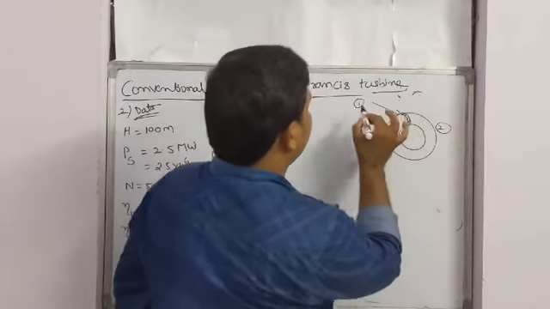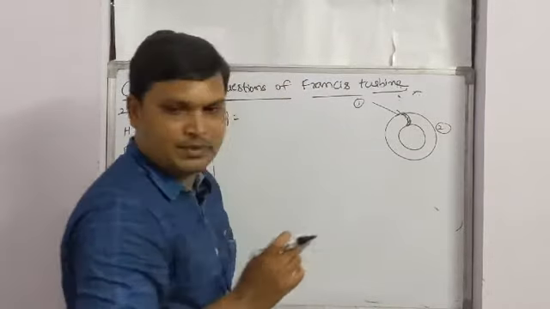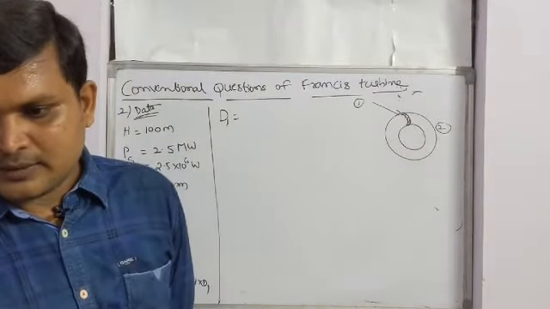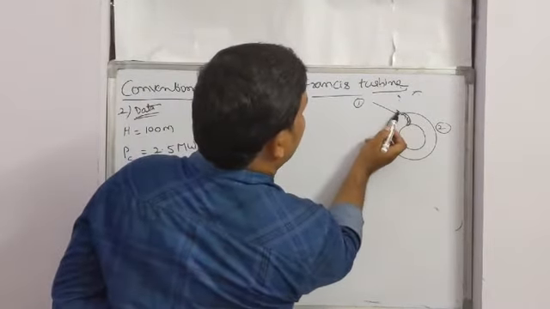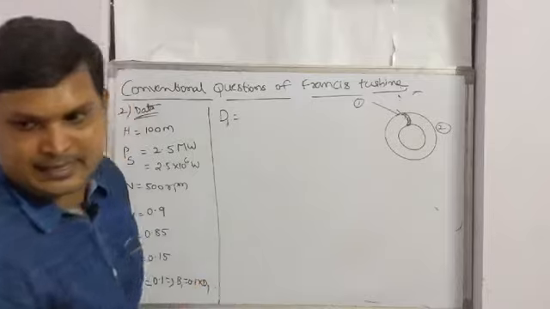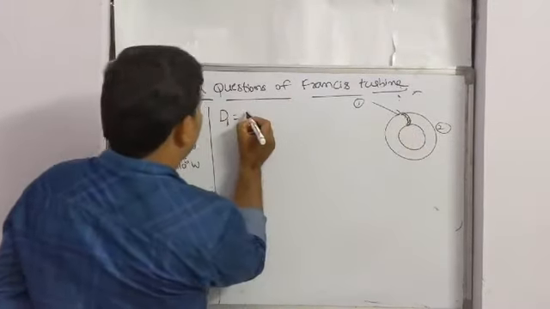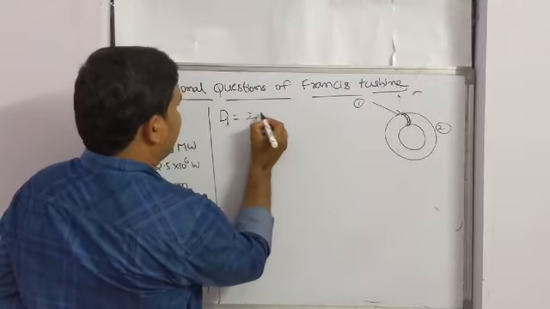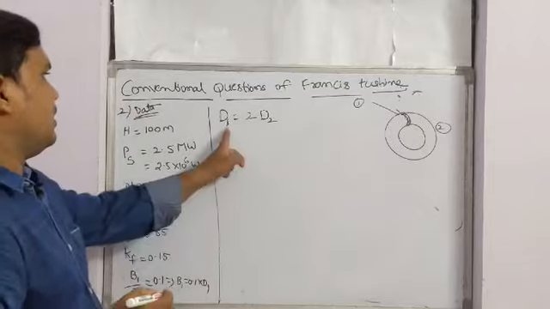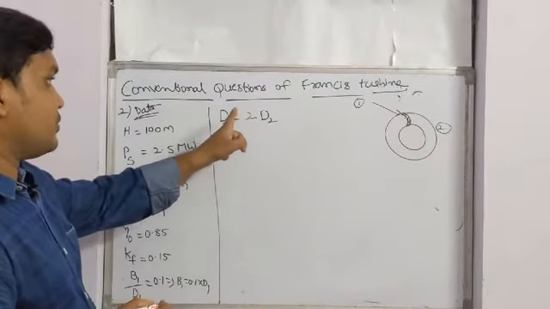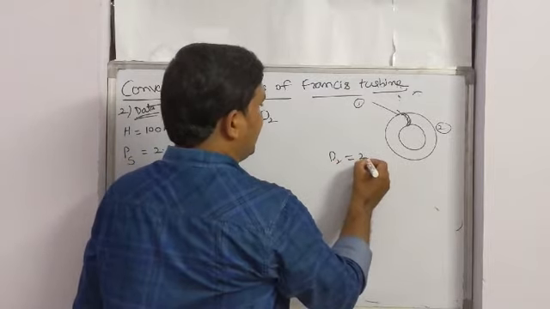Till now we consider inlet flow as 1, outlet flow as 2. So in this problem, the outer dia means inlet of the flow, and D1 is twice the inner dia. Inner dia is the exit flow, which is 2. So D1 is 2 D2. Some students think maybe D2 is twice D1.